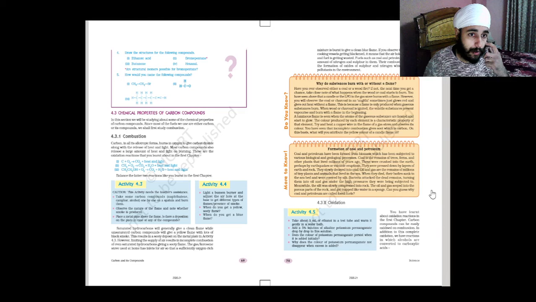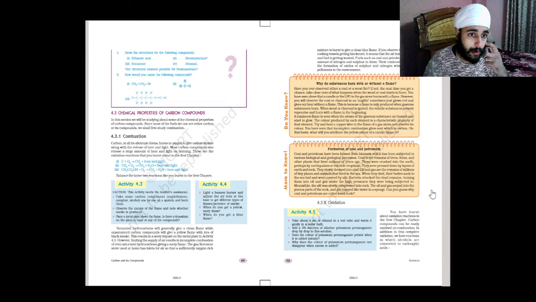When do you get a yellow sooty flame, or when do you get a blue flame? A saturated hydrocarbon will generally give a clean flame, while unsaturated carbon compounds will give a yellow flame with an amount of black smoke.